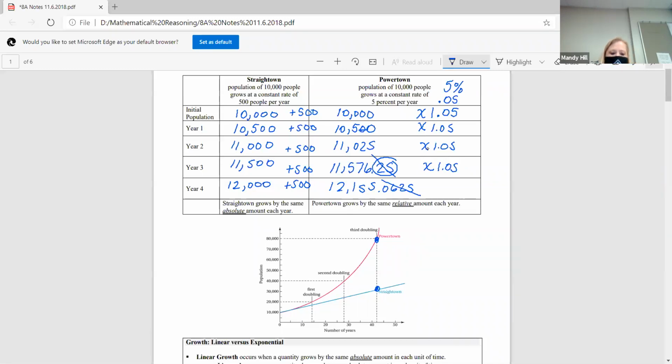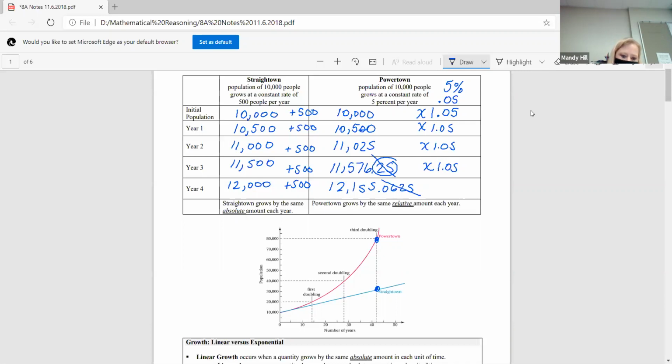So again, linear, you're going to add to get to the next step. You're adding on, which is also multiplying. So if you wanted to talk about how this 500 happened in year 4, it would happen 4 times, but we're adding on to get to the next step. On this one, we're multiplying by the same factor every single time to get to the next step.